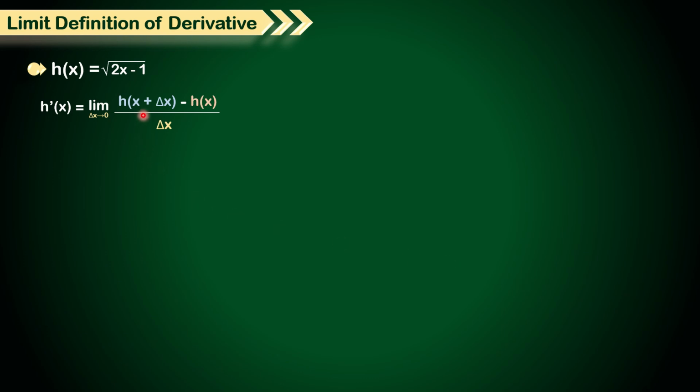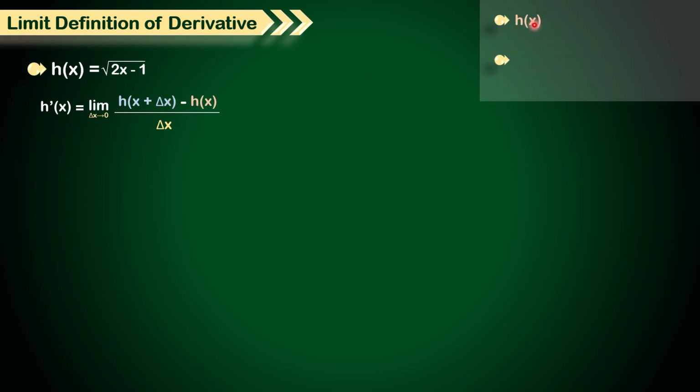Find h of x and h of x plus delta x. h of x is the square root of 2x minus 1, and h of x plus delta x is the square root of 2 multiplied by x plus delta x, subtracted by 1.